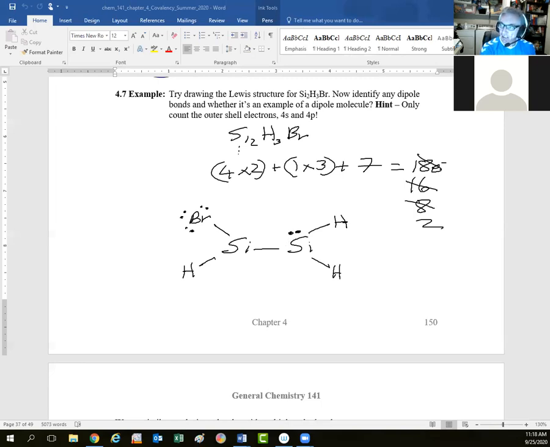So we can redesignate that lone pair as a bonding pair between the 2 silicon atoms. There's my eraser. So there's a silicon to silicon double bond. Now the hydrogens have their duets and the bromine and silicon atoms have their octets.